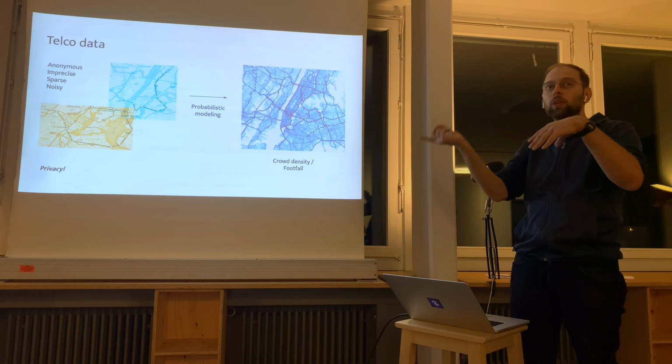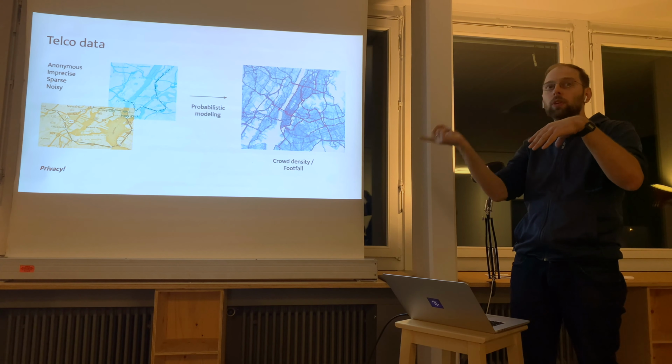Another example of data we can derive from this is aggregated counts of movement of people between pairs of locations. It's called origin-destination data. You have two locations, A to B, and we can count how many people moved between them. Here, with the thickness of the arrow, we show how many people were moving. The thicker, the more people.